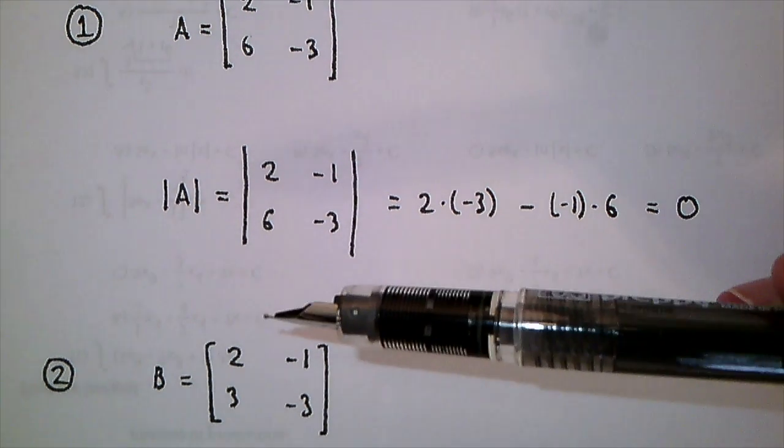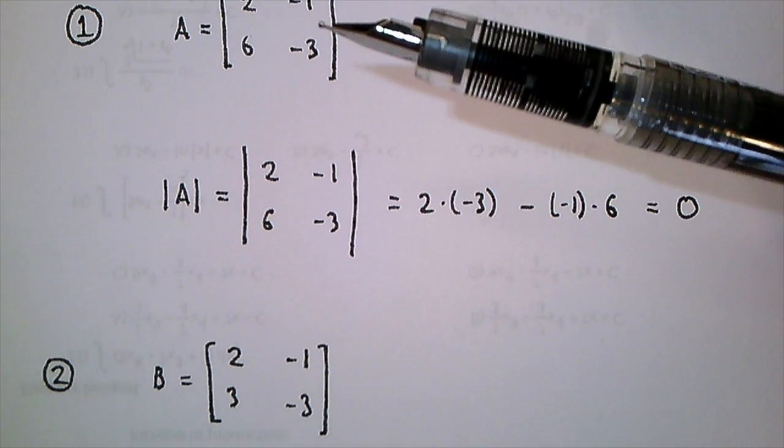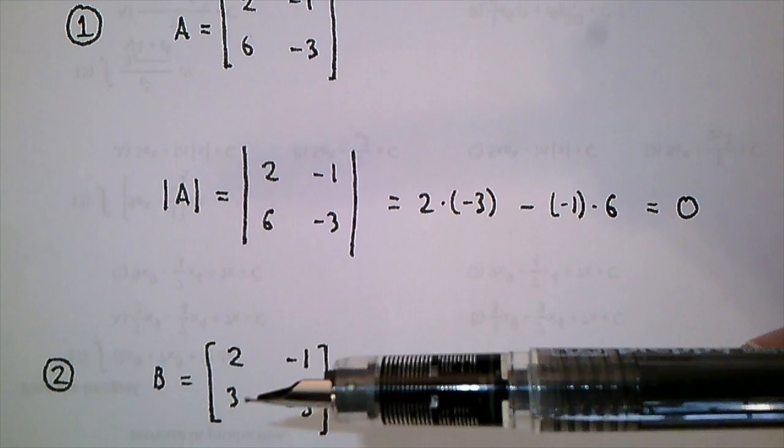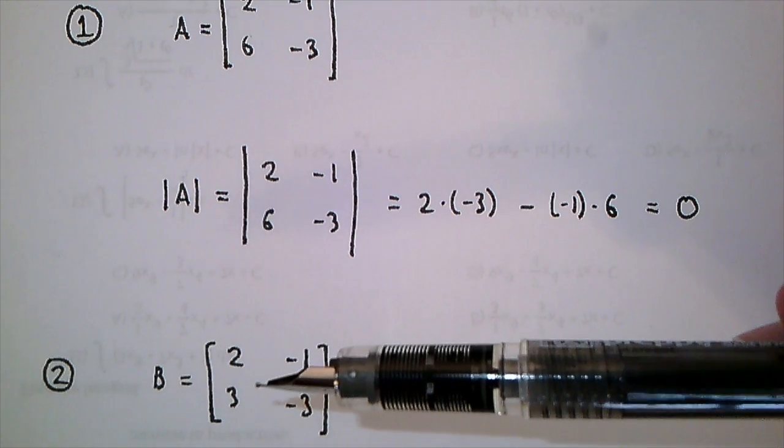Let's do another one. This matrix is pretty similar to the matrix A. The only thing that's changed is this 3 here. We started as a 6.